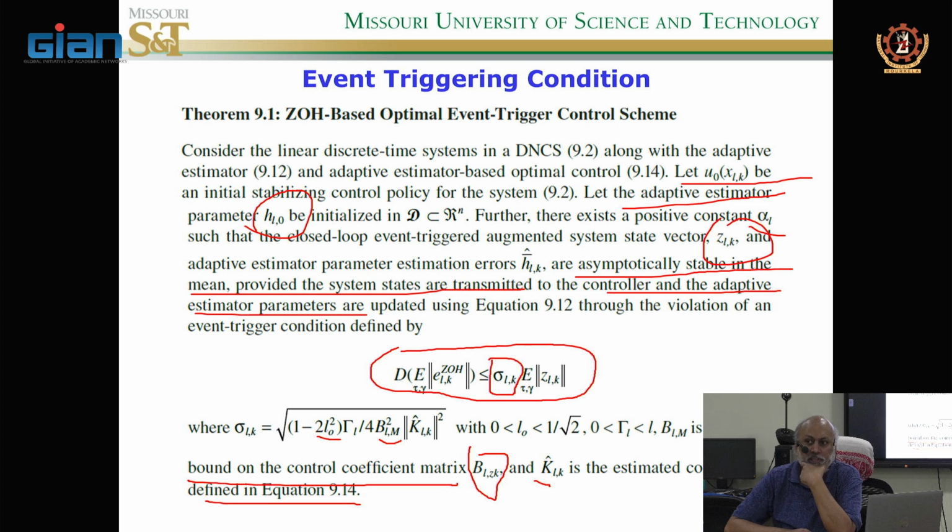Yeah, it is a function of the state. Yeah, that is the ball. The error, the ball is basically the magnitude. If it is exceeding a certain value, if this condition is violated, that means you are becoming unstable. So basically what you are saying is you need to transmit immediately.